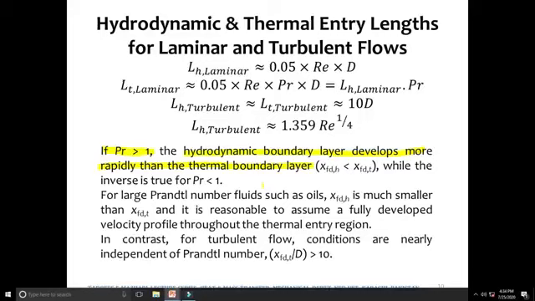So if Prandtl number is greater than 1, the numerator, delta, the thickness of the velocity boundary layer, is more than the thickness of the thermal boundary layer, and therefore the hydrodynamic entry length would occur more rapidly as compared to the thermal fully developed length.